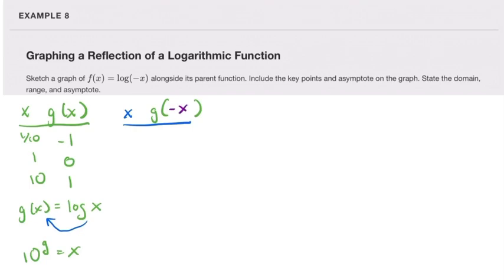All right, so f of x is going to be g of negative x, right? Again, all we did was replace x with negative x.